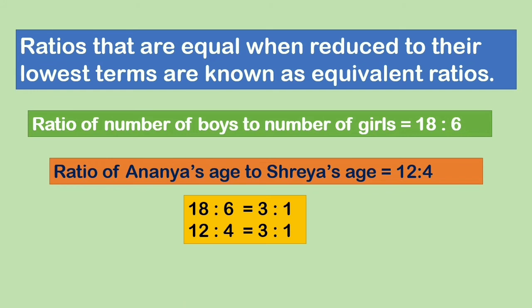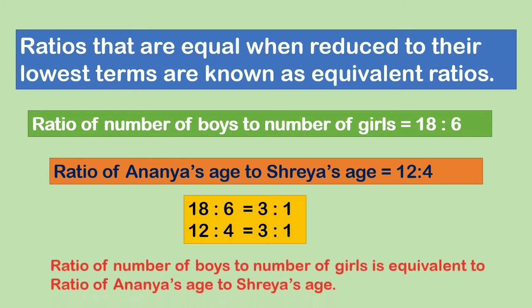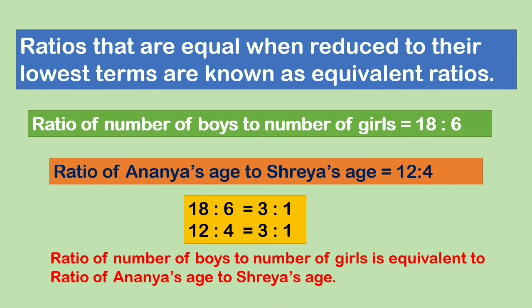So 18:6 and 12:4 are equivalent to each other. Means ratio of number of boys to number of girls is equivalent to ratio of Ananya's age to Shreya's age. Ratios that are equal when reduced to their lowest terms are known as equivalent ratios.